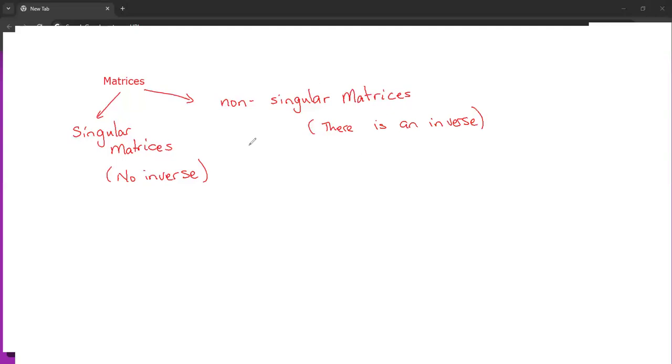Now we're going to look at what is the inverse of a matrix. But in order to be able to find the inverse of a matrix, we're going to have to learn the determinant of a matrix.